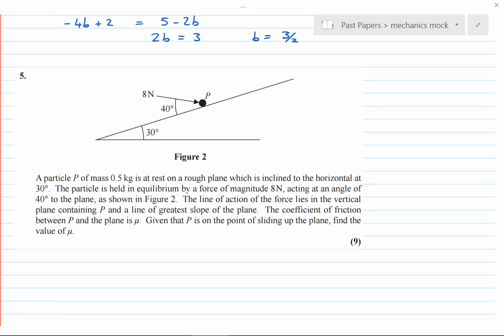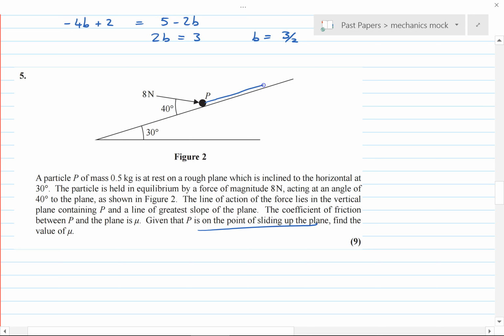So question 5 is a statics question. Pretty common type of question. Things going at an angle here, so you have to take a bit of care. It says it's in limiting equilibrium because it's talking about the coefficient of friction and it's at the point of sliding up the plane.